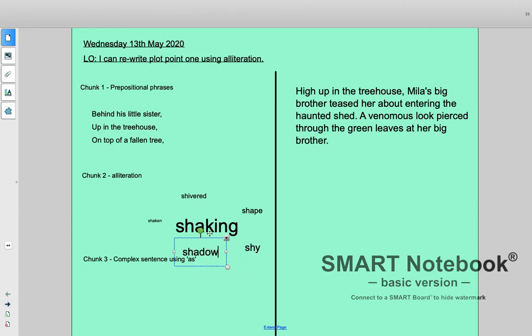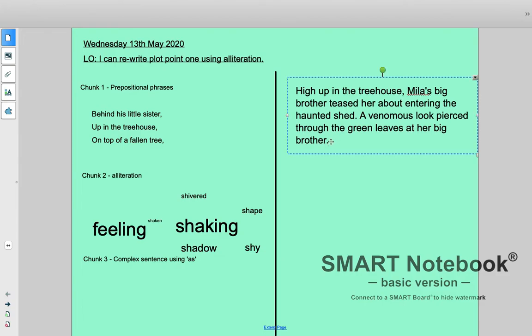Now, in this section as well, I'm also going to talk about how she's feeling, okay? So, feeling. Right, so if we move on to here, I'm going to talk about how she's feeling, first of all. So, she might be feeling flustered. What else happens when you're nervous and anxious?